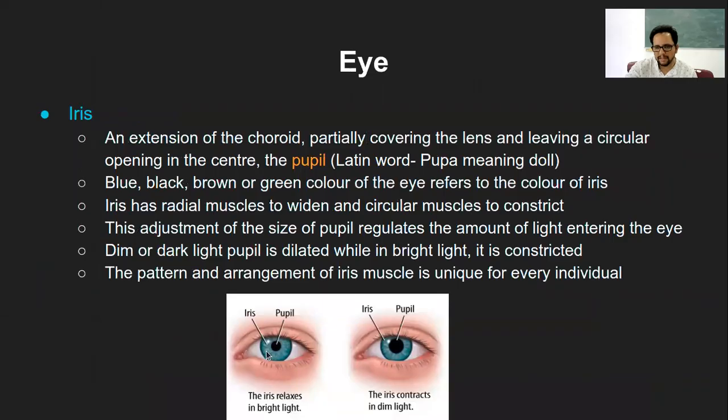If you look at this portion, until this pupil there will be iris, but in this completely black part there will be no iris structure. So it is an extension of the choroid, partially covering the lens. Through the pupil region, it will have the lens wide open, and the rest of the lens will be covered.